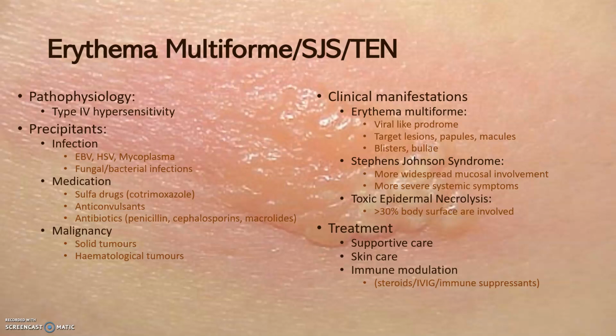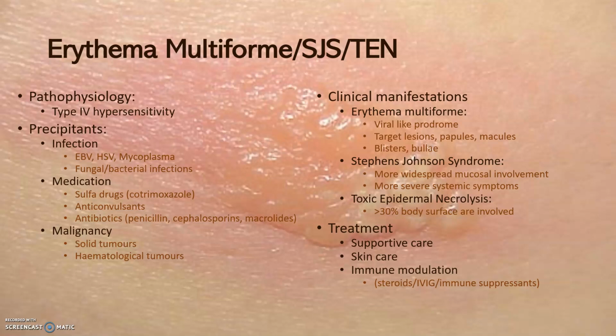Then certain drugs, particularly sulfur drugs such as cotrimoxazole, anticonvulsants and certain antibiotics. I just want to make you think a little bit about cotrimoxazole. If you remember from some of our last lectures, this is a really important drug for drug reactions.